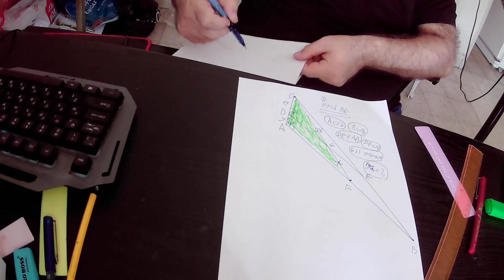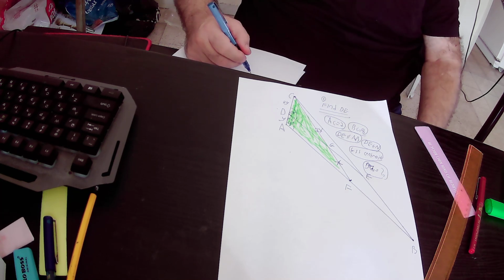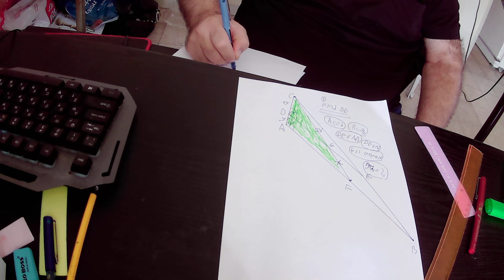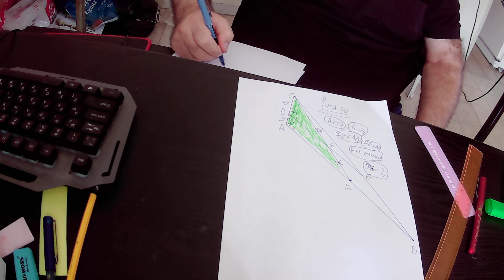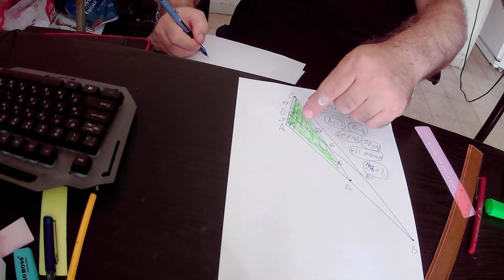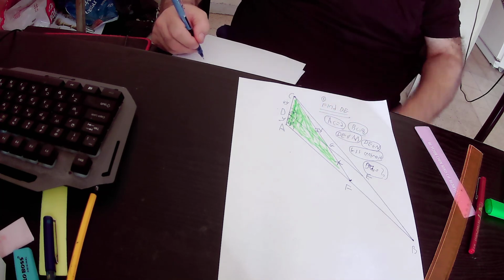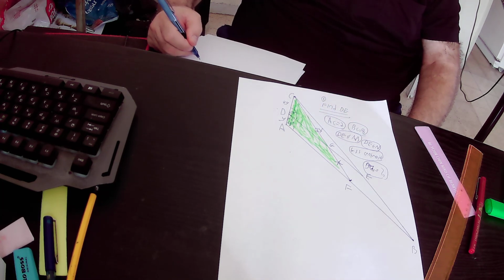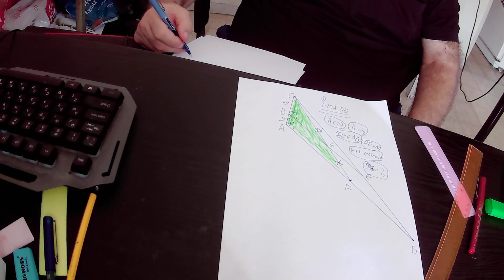So I will write it down. Angle CDE is equal to angle CAB, and both those two angles are equal to alpha. That is according to rule number 3.